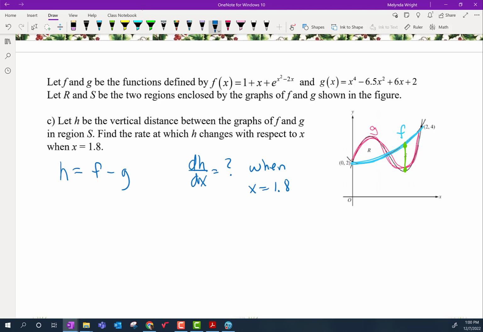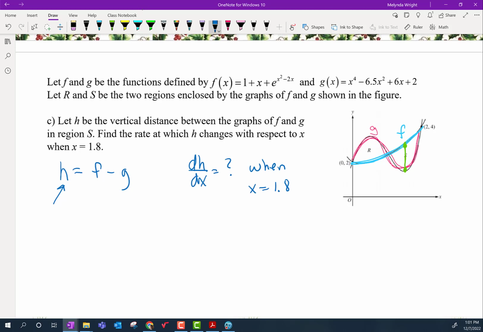So we want to find the rate at which h changes. So apparently we need to take the derivative of this, right? The derivative of h. We want dh/dx. Luckily our equations are all with respect to x anyway, so that's fine. So we're actually going to do that in our calculator.